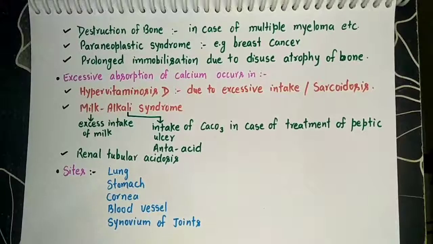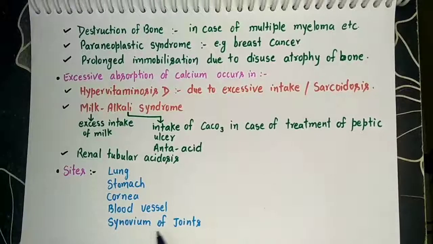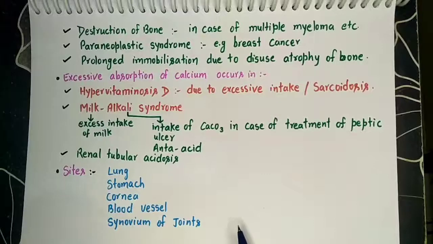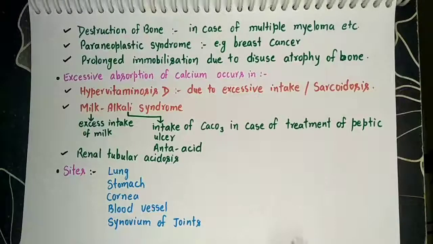But in case of metastatic calcification, calcium gets deposited in this synovium and there will be very painful movement of the joints, because joints need synovium for a frictionless movement. These all are the important things about calcification.